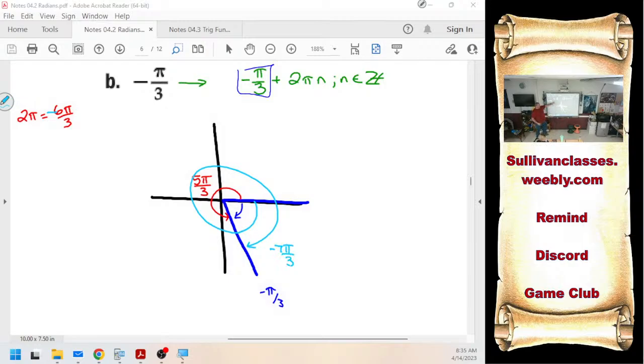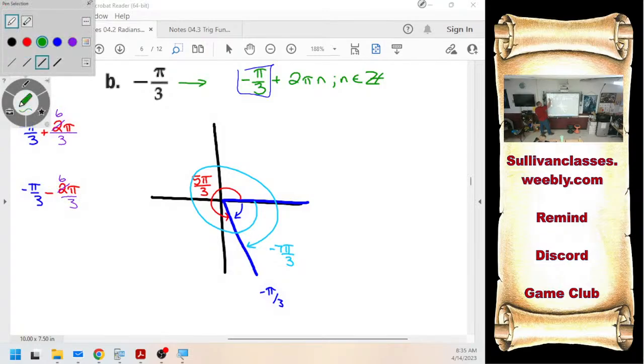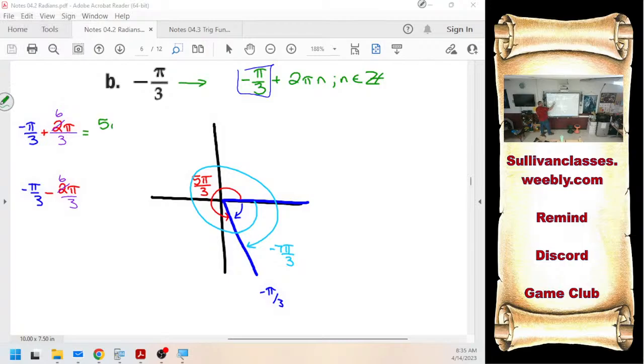Now, you don't have to write it off to the side, but sometimes it'll help us to write negative pi over 3, to say my positive coterminal angle is plus 2 pi, minus 2 pi for the negative one, and to just show that, I could turn that into 6 over 3, so I got my angles of 5 pi over 3 and negative 7 pi over 3.